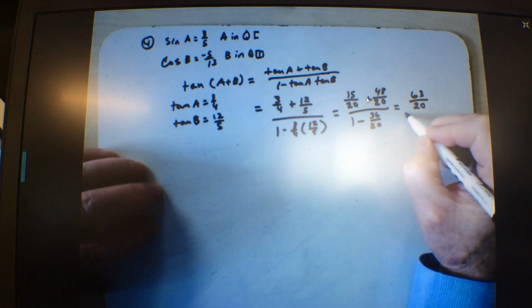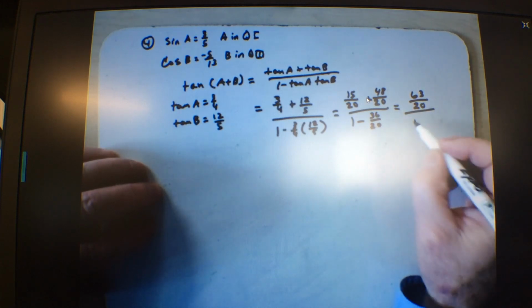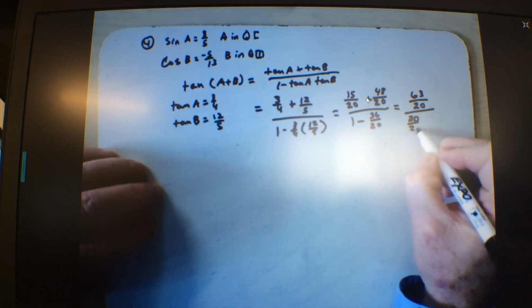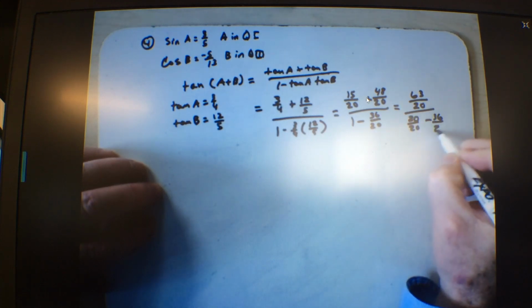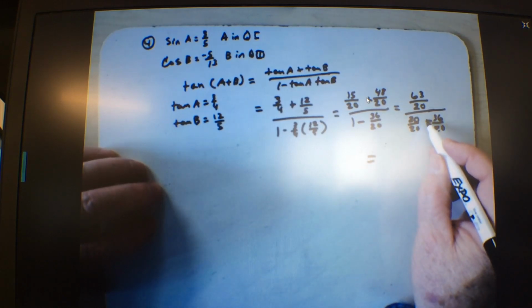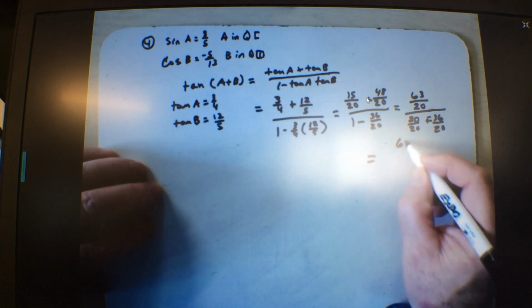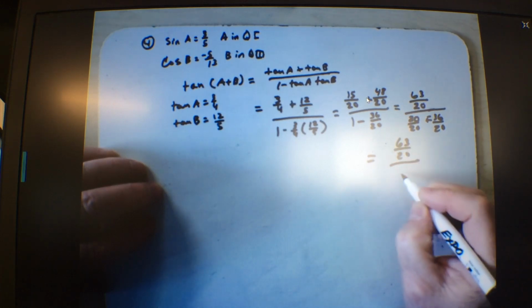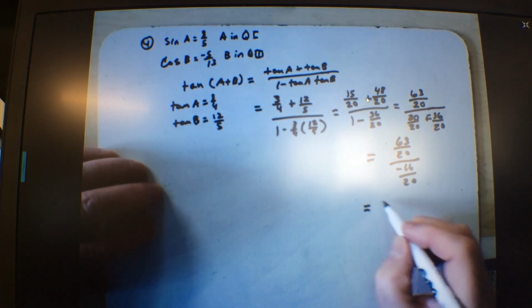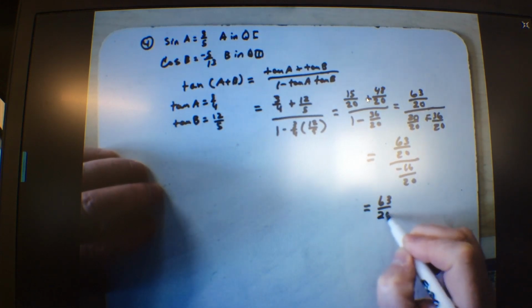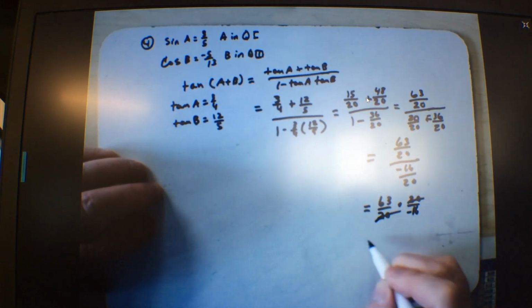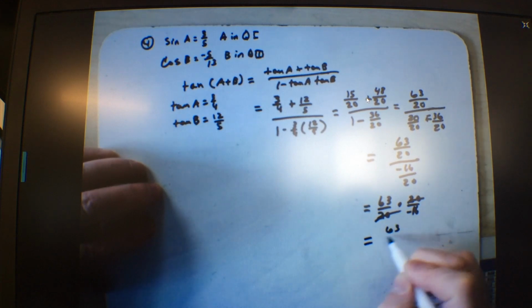Over, and with a common denominator, 20 over 20 minus 36 over 20, so it would be 16 over 20, so it'd be a negative 16. So 63 over 20 over a negative 16 over 20. Elementary division: 63 over 20 times the reciprocal, 20 over a negative 16, the 20s cancel. Voila, peanut butter and jelly sandwich.